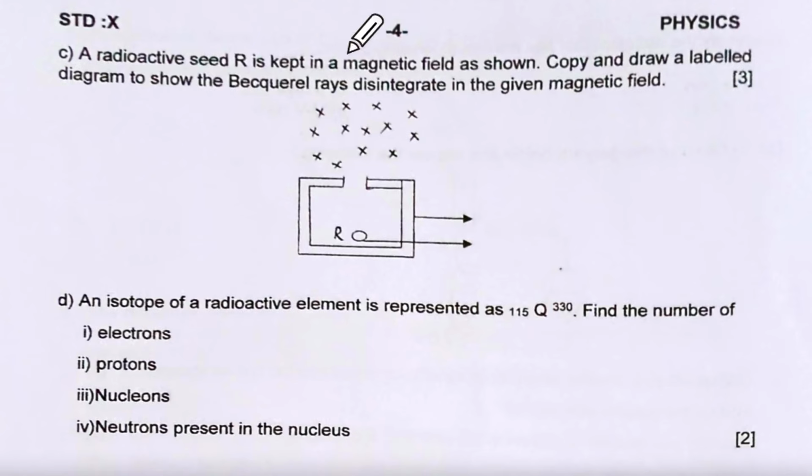Radioactive substance R is kept in the magnetic field. Draw a labelled diagram to show the Becquerel rays. What is the magnetic field? It is into the plane of the paper, no? When it is crossed like this, is it into the plane of the paper or out of the plane of the paper? Ma'am, we are confused. Go look in the book, confirm there is radioactivity.